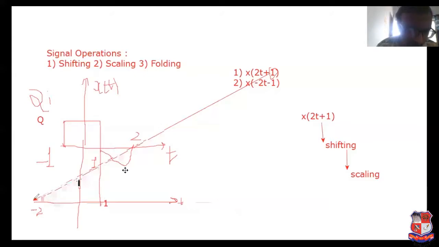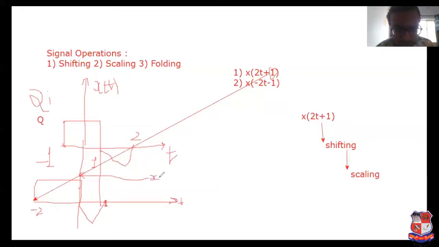Now from minus 2 to 0, the signal can be like that, and from 0 to 1, the signal can be like that. So it is considered as x of t plus 1. Shift the signal. Now I have written here.